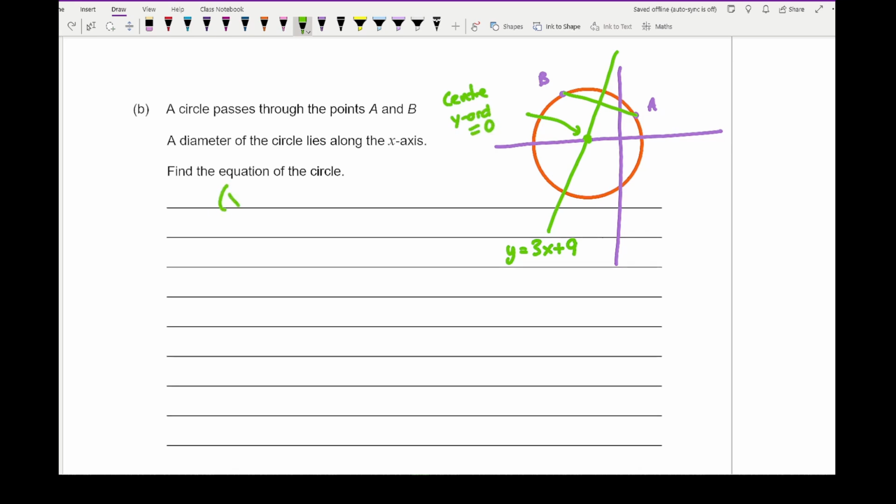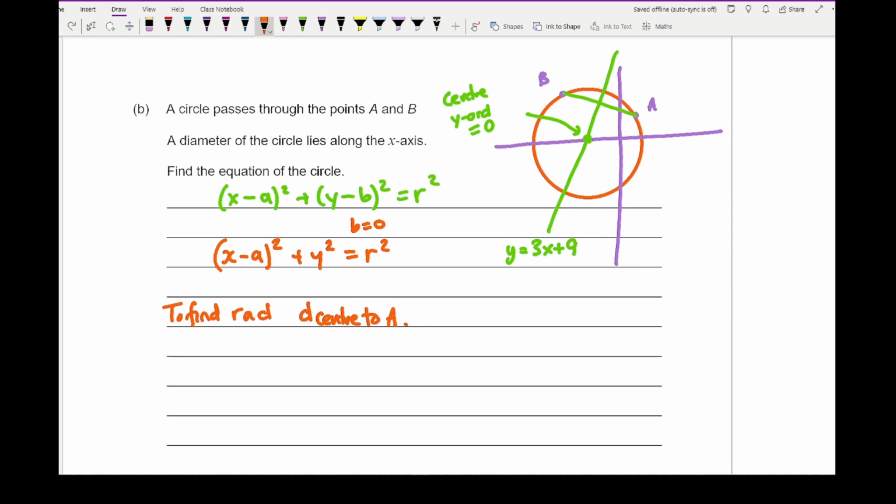If we look back at the equation of a circle, we know that b is going to equal 0. So what we've got is x minus a squared plus y squared equals r squared. Now, to find the radius, all we need to do is find the distance between the centre and, let's say, point A.